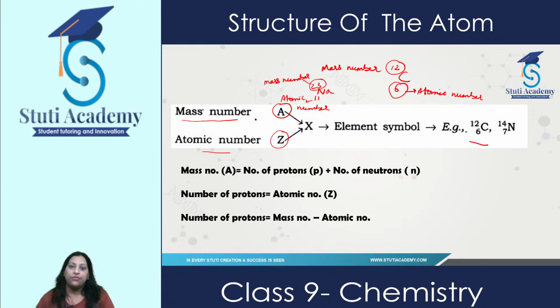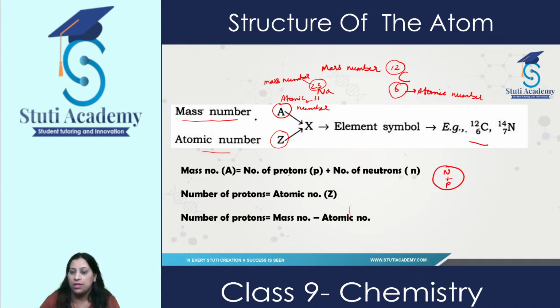So there are certain formulas which you should keep in your mind when you are solving a few sums. Like mass number, which is denoted by A, is equivalent to the number of protons and number of neutrons. This is the nucleus, in which neutrons and protons are present, and this nucleus is present in the center.